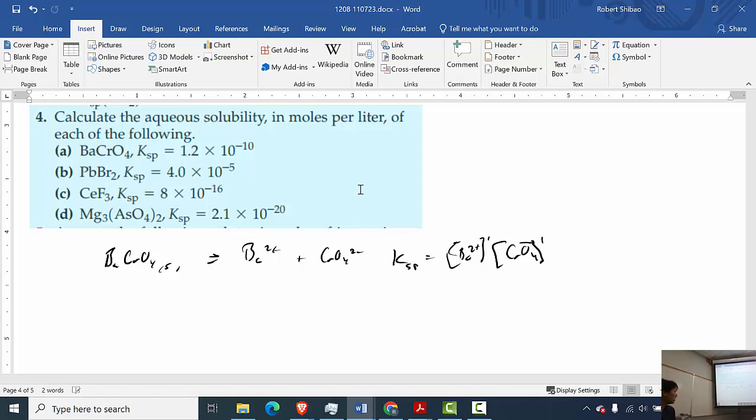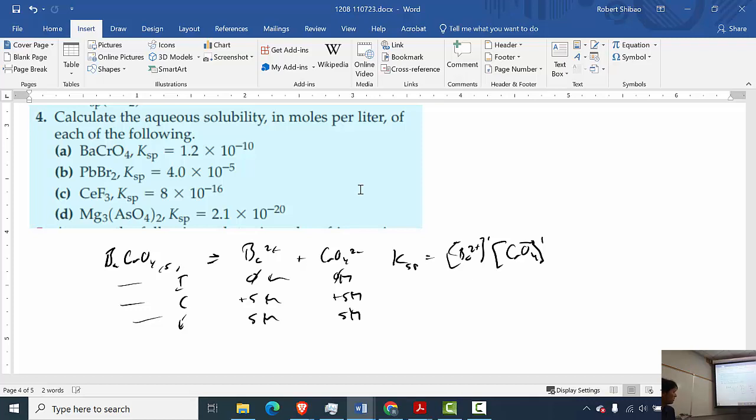Now, the way I like to do this is I always like to set up an ICE table. Barium chromate is a pure solid, so we can just ignore it. The activity is not going to change. The amount might change, but the activity doesn't change. And then we just assume nothing's dissolved initially, and then we let it dissolve completely to saturate the solution until no more dissolves.